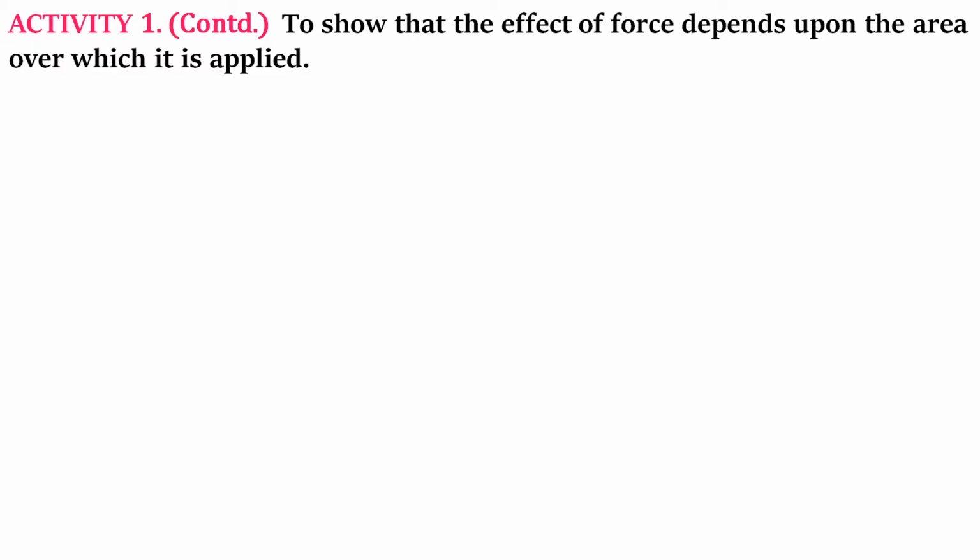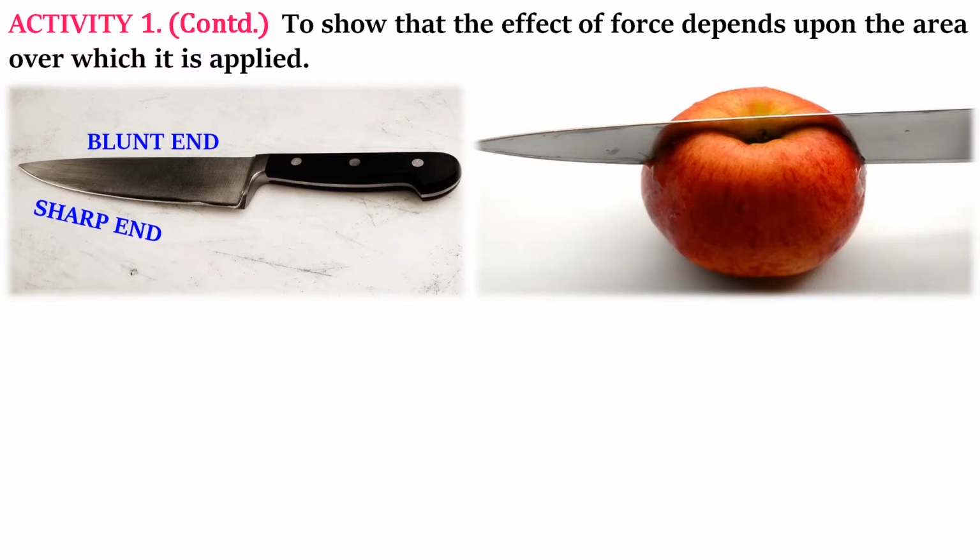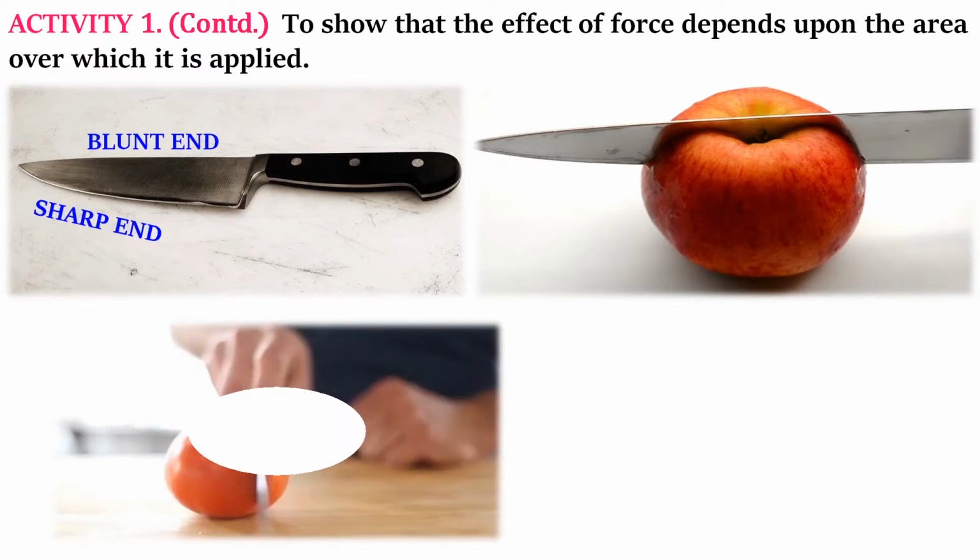To understand this activity in a better way, let us take a few more examples. You might have seen your mother using a knife in the kitchen. Yes, the knife has a sharp end and a blunt end. And you might have noticed your mother using the sharp end to cut an apple or to cut a tomato.